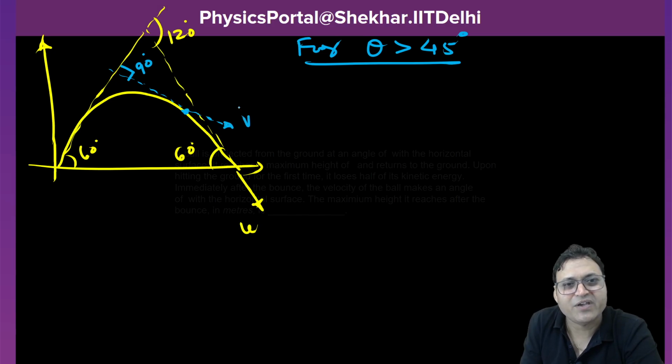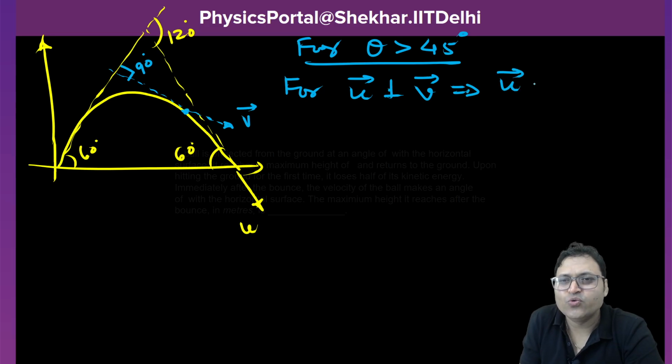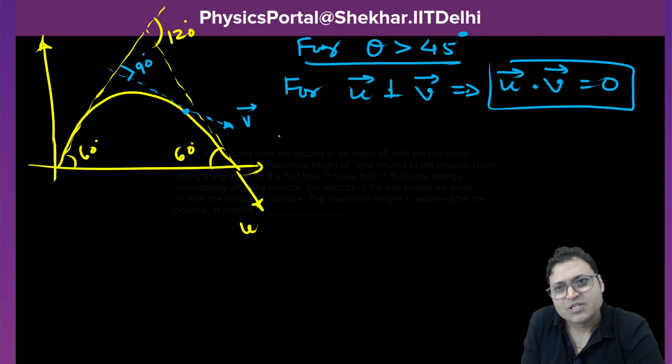This is, let us say, v velocity. They will be perpendicular. So for u perpendicular to v, the dot product u dot v of these velocities will be 0. What is u?